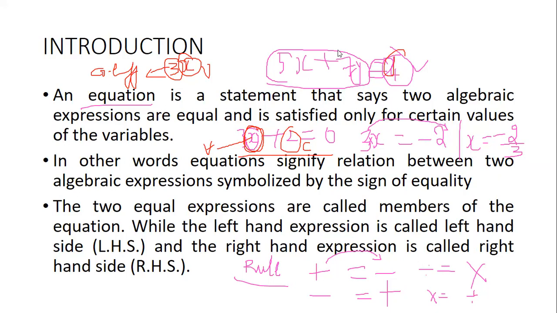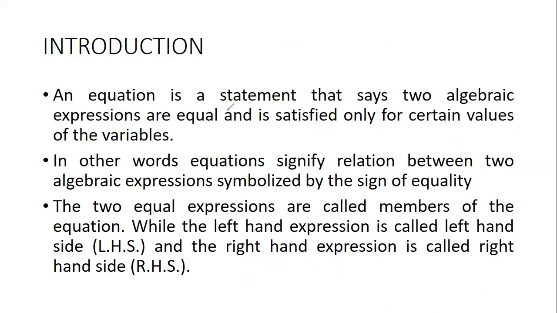Let us understand it once again. An equation is a statement that says two algebraic expressions are equal and is satisfied by only certain values. You cannot blindly put any value into the equation; only a few selected values will be applicable. And what is our job?